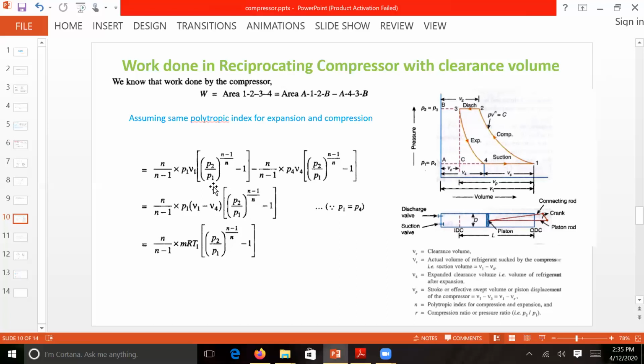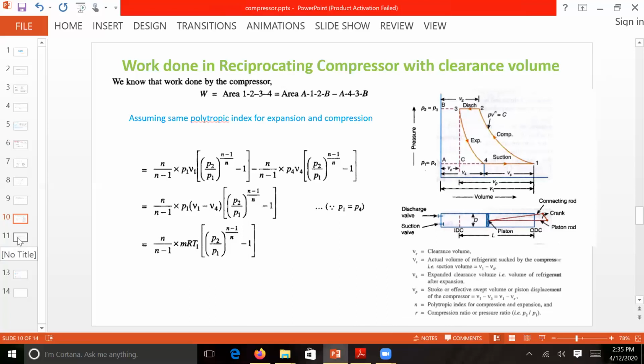However, this is the actual volume of gas sucked, because in your suction stroke this is the volume of refrigerant handled. So p1 v1 minus p4 v4 will be equal to mRT1, where m is the mass of refrigerant handled, or V1 minus V4 will be the stroke volume of the refrigerant.